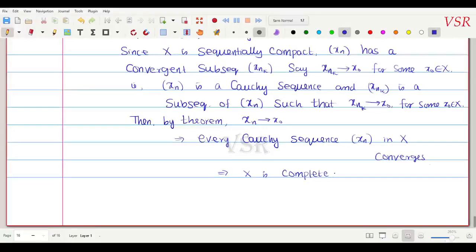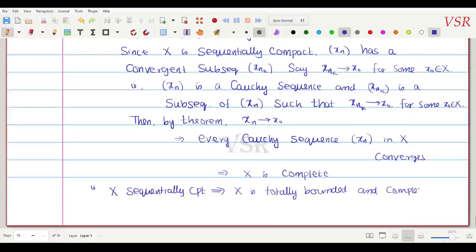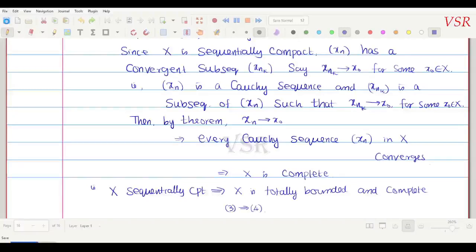What we have proved is that if X is sequentially compact, then capital X is totally bounded and complete. That is, 3 implies 4 we have shown. So next we will show that 4 implies 1.